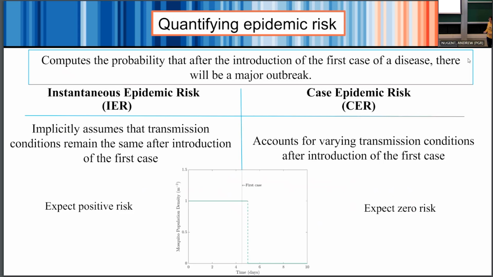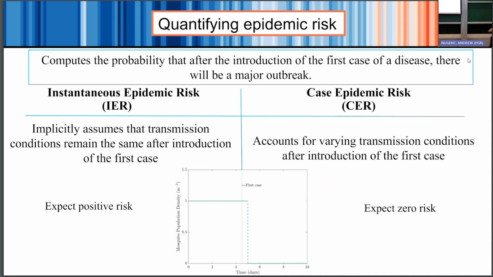In this example, I've got a plot of mosquito population density, and there is some catastrophic event at t equals 5 where all the mosquitoes die out. Let's assume that we introduce a case just before this die out. If we were to use the IER, we assume that this remains constant along here, so we remain constant at 1 mosquito per meter squared.